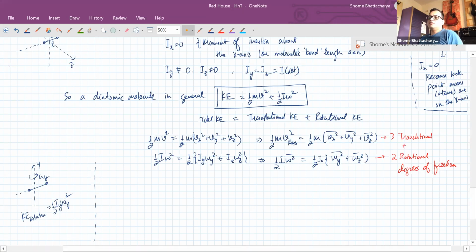Of course, for a rigid body, we define the radius of gyration in such a way that if the moment of inertia is I, it is the mass of that rigid body times radius of gyration squared. So, for example, if you have a rod of mass m and length l rotating about one end, you know that the moment of inertia is ml square by 3. So the radius of gyration is l by root 3.